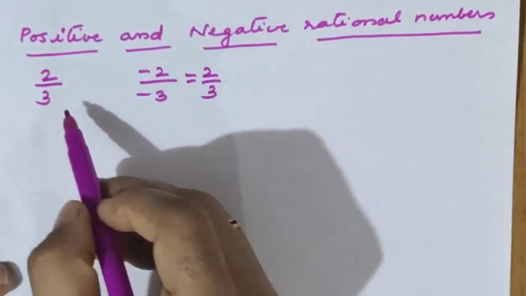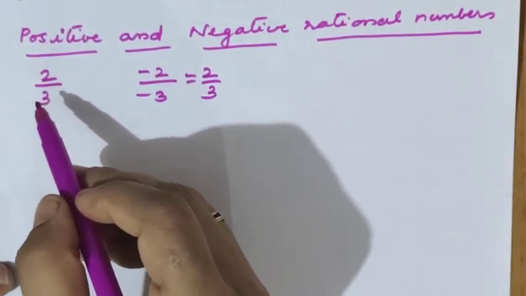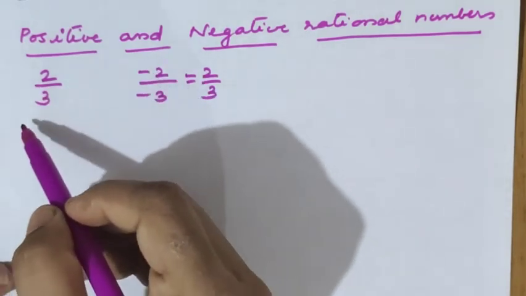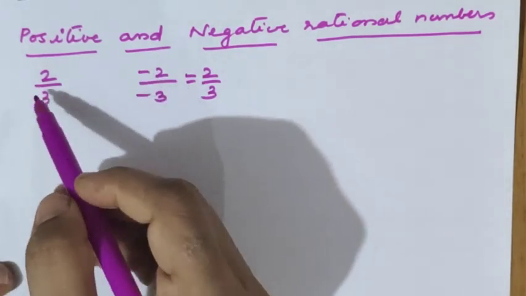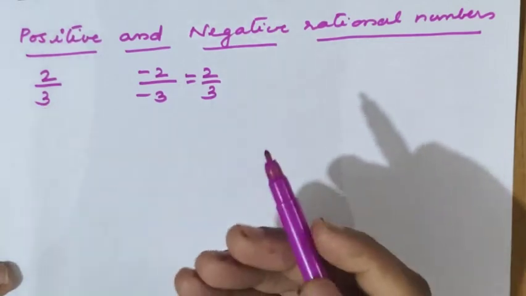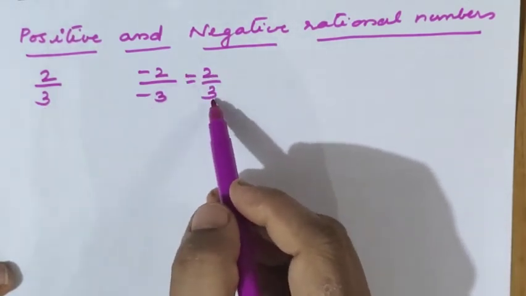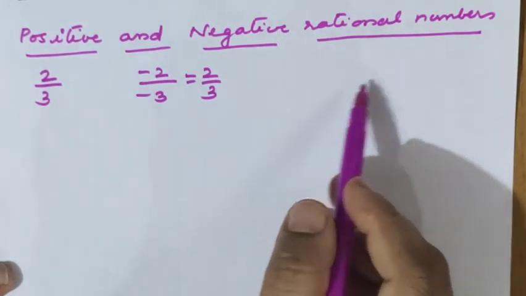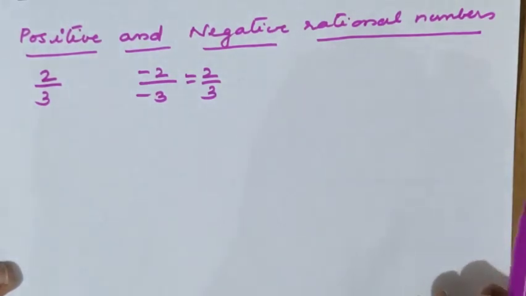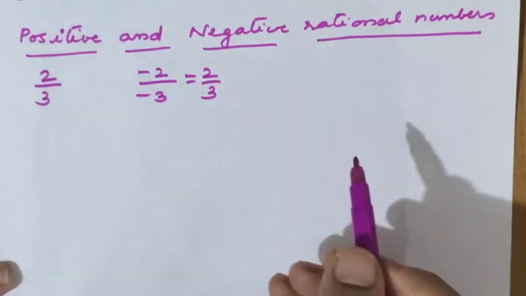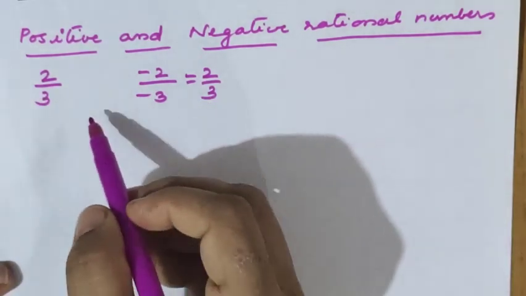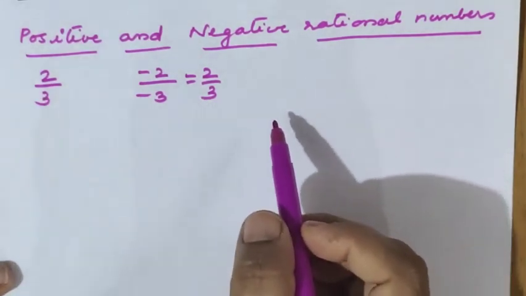So when the numerator and the denominator have the same sign, if both are positive the answer is a positive rational number, and if both are negative it also becomes a positive number. So we are getting positive rational numbers.